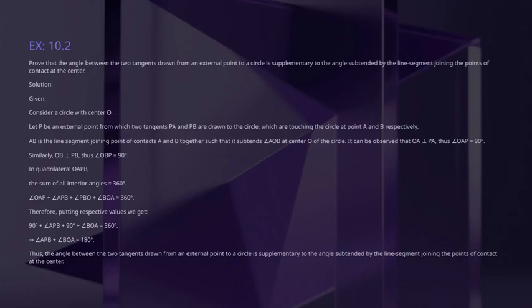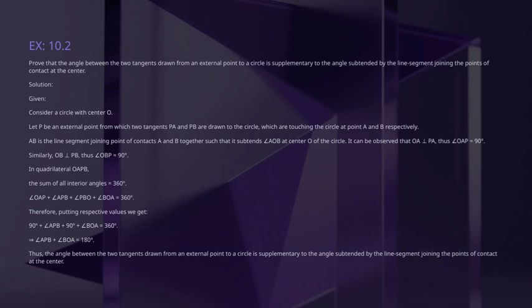So, here we see that the angle between the two tangents drawn from an external point to a circle is actually supplementary to the angle that's subtended by the line segment joining the points of contact at the center. In other words, the sum of the angles AP and BOA equals 180 degrees. Now, if we consider the full circle around point O, we know that the angles around a point sum up to 360 degrees.